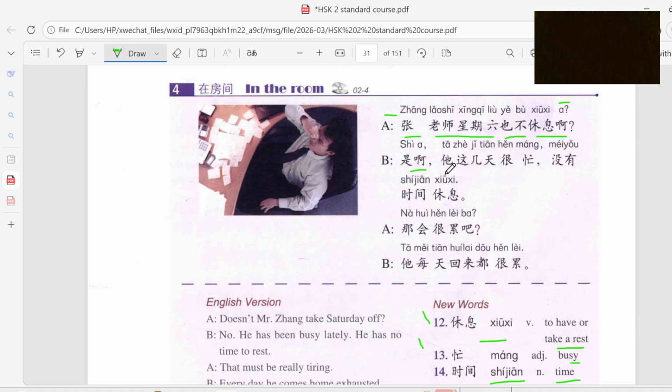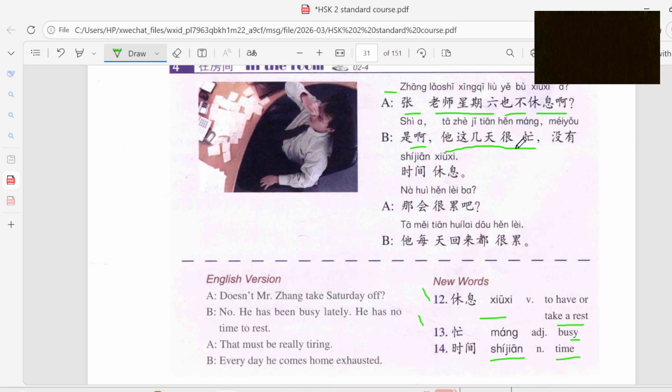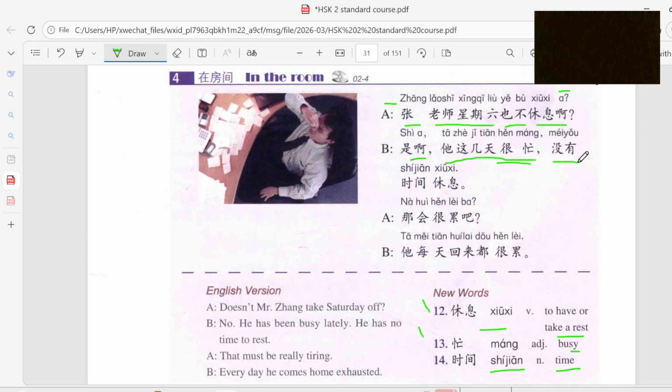是啊，他这几天很忙。这几天 means nowadays, these days. 很忙, very busy. We saw 忙 means busy. 没有时间. So you can tell someone who invites you to a function, 没有时间, I have no time.